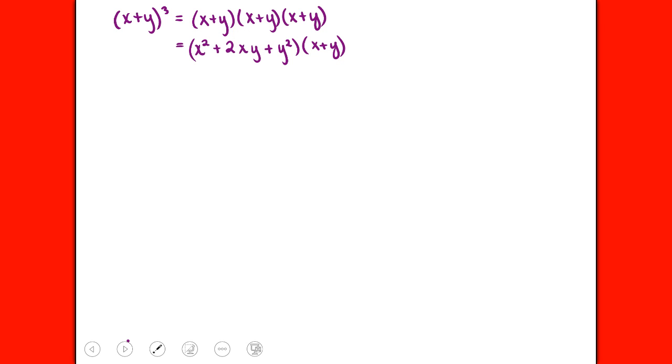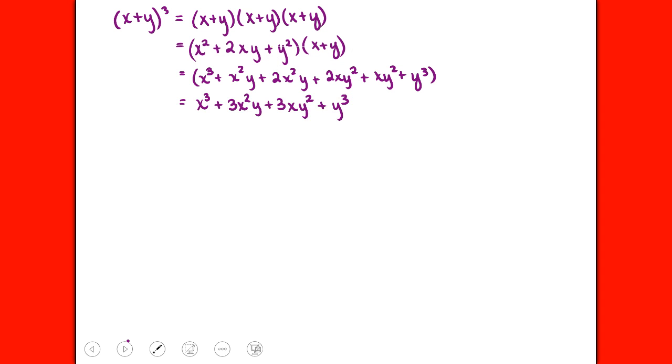When I FOIL it out, it will give me this trinomial, and then I'm going to have to multiply this trinomial times this binomial. So I'm literally going to go through and take x times every one of these terms, and then I'm going to take y times every one of these terms, and then I'm going to have to combine like terms. Man, that's a lot of work just to multiply something to the 3rd power.